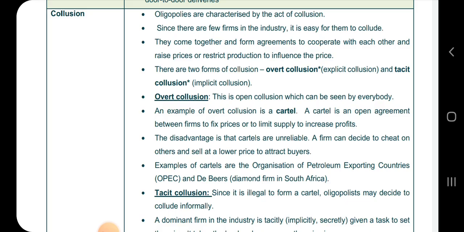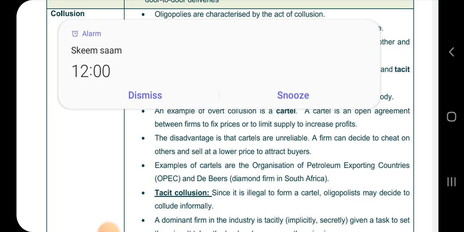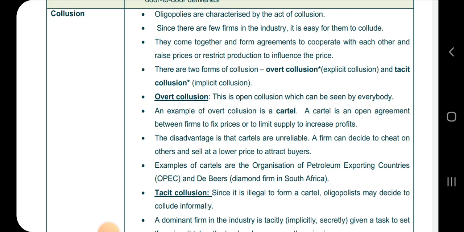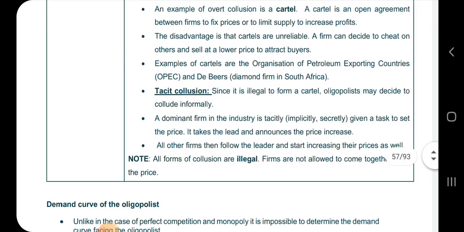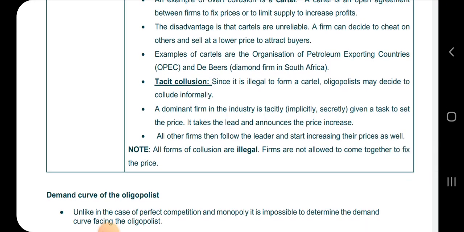There are two forms of collusion: overt collusion, which is explicit collusion, and tacit collusion, which is implicit collusion. Overt collusion is open collusion, which can be seen by everybody. I have told you, as I said in the beginning, you need to know these key terms, so you need to read more on that. I'm not going to go more on that now.